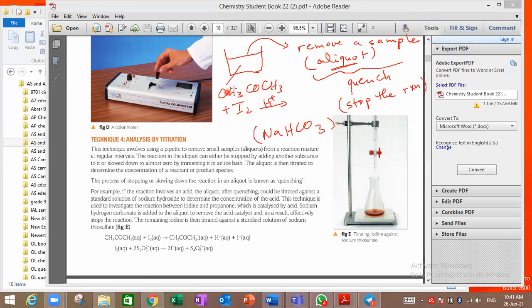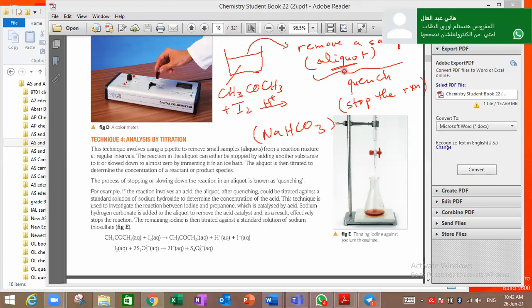Of course, this reaction will not go through without the presence of the catalyst. So we add the sodium hydrogen carbonate in order to react with the hydrogen ion or the acid present as a catalyst, and the reaction will stop. Or else we quench it by placing the aliquot that we took on ice.